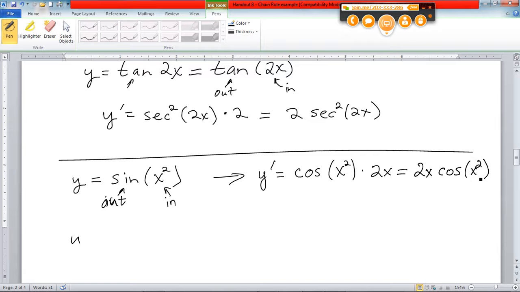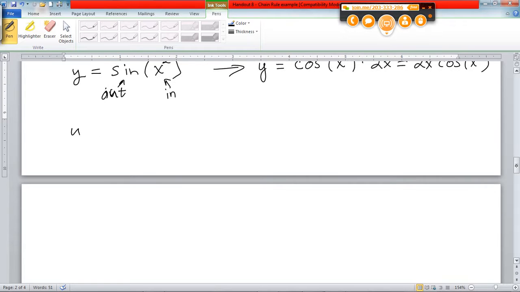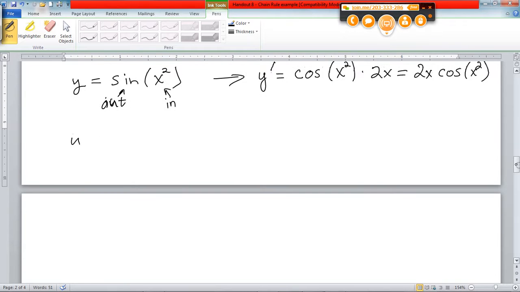Is this okay? So far, so good. All right, well, let's kind of leave that one up so we can see it and compare that to this one. So we have y equals the cosine 5th power of t.